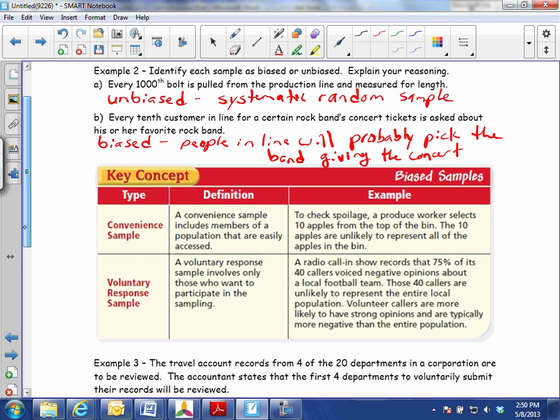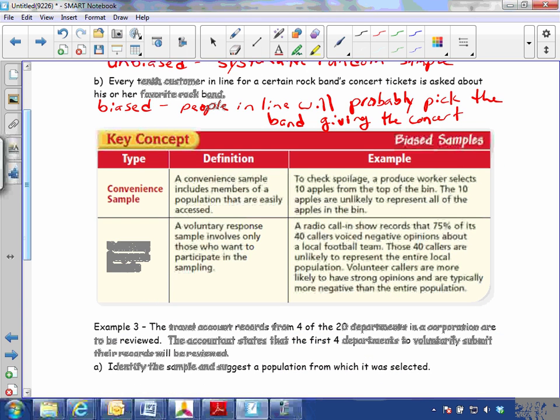All right, so we've got two different biased samples: a convenient sample and a voluntary response. A convenient sample includes members of a population that are easily accessed. For example, a produce worker selects 10 apples from the top of the bin, and 10 apples are unlikely to represent the whole thing.